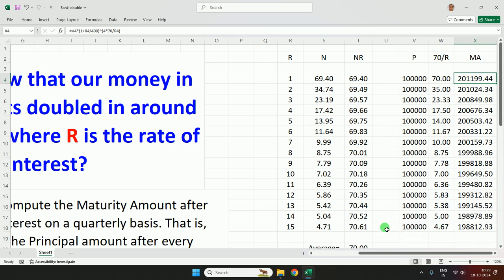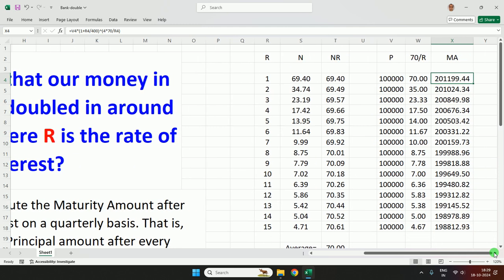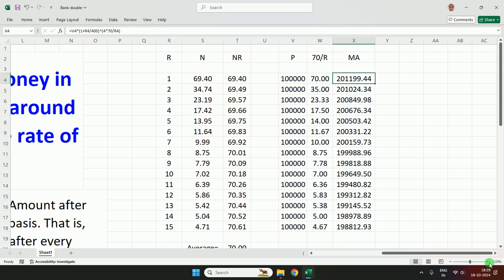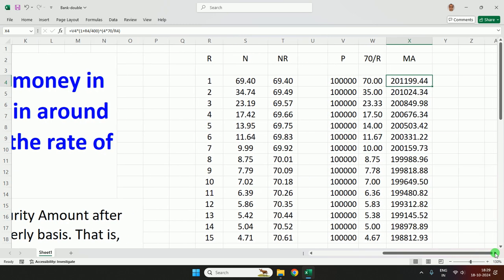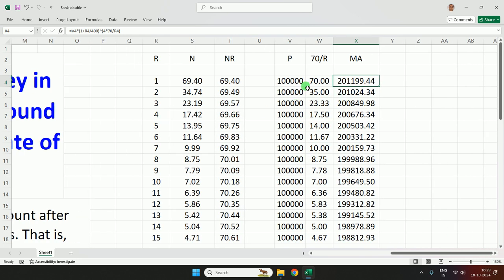And here if you see, I can make it a little bigger so that it is perfectly visible. Now here if you take this value 70 divided by R as the number of years, and if your principal is about 1 lakh, then the maturity amount is nearly double, slightly more than double when the rate of interest is 1%.